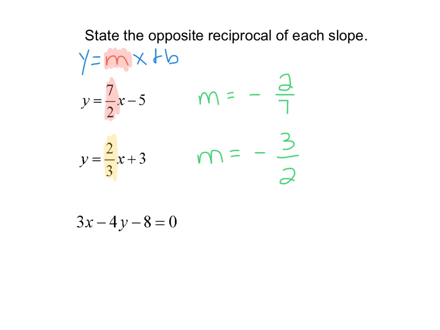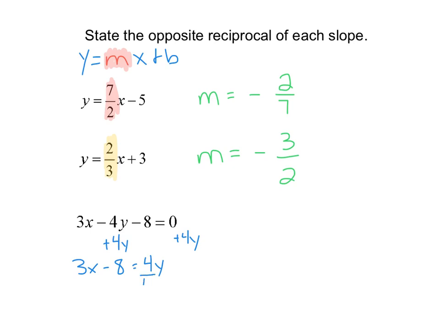Now looking at the last one, notice that it is not in y equals mx plus b form. So what we want to do is rewrite it in y equals mx plus b. So we need to isolate y. Easiest way would just be to add 4y to both sides. So 3x minus 8 equals 4y.